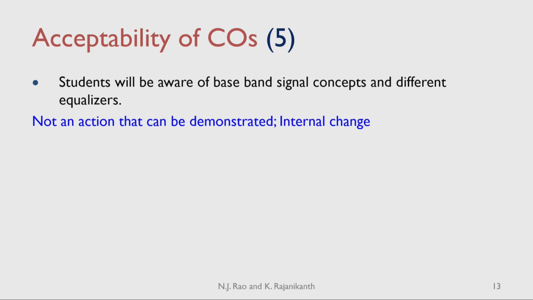It does not state what is the activity that the students will be able to show, do, demonstrate, and thus it is again not an outcome statement of good quality. It says students will be aware of. An outcome statement must clearly specify what the students will be able to do. It must start with an action verb.